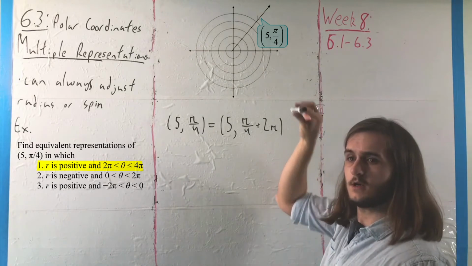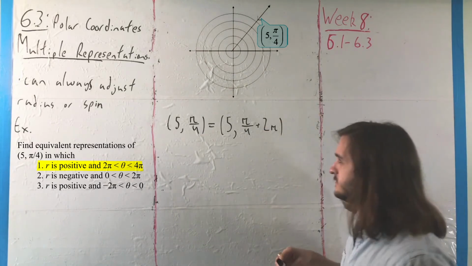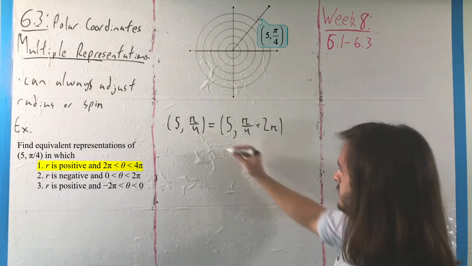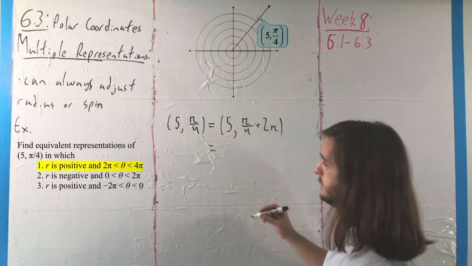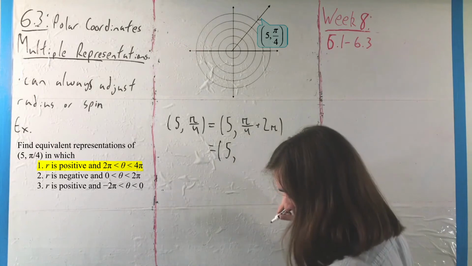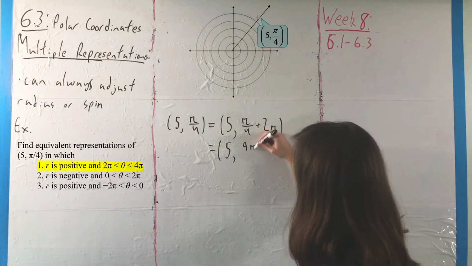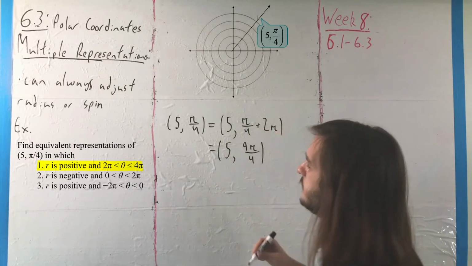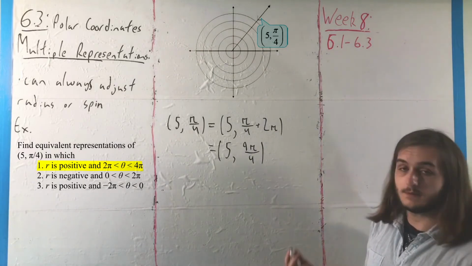And so if you draw the picture, it looks something more like that from your perspective, wouldn't it? But one equivalent way we can talk about it is instead with the point 5, 9 pi over 4. Take the full rotation and end up in the same place.